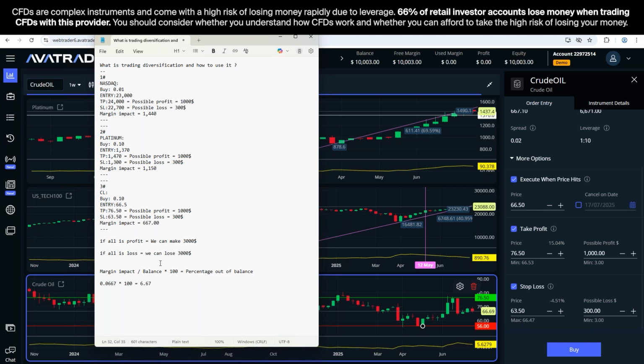What's the change? So if all profits, we still make 3,000. If all loss, we lose 900. Okay, but if one profit and 2 loss, what do we get? 600 loss and who knows? 1,000 profit.